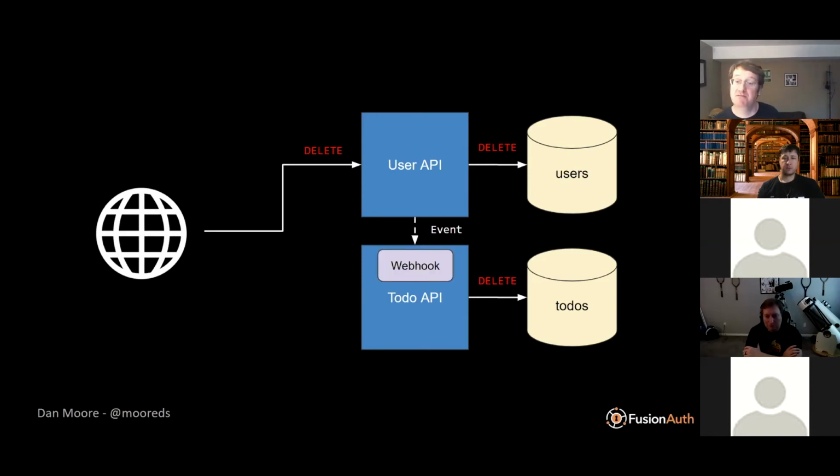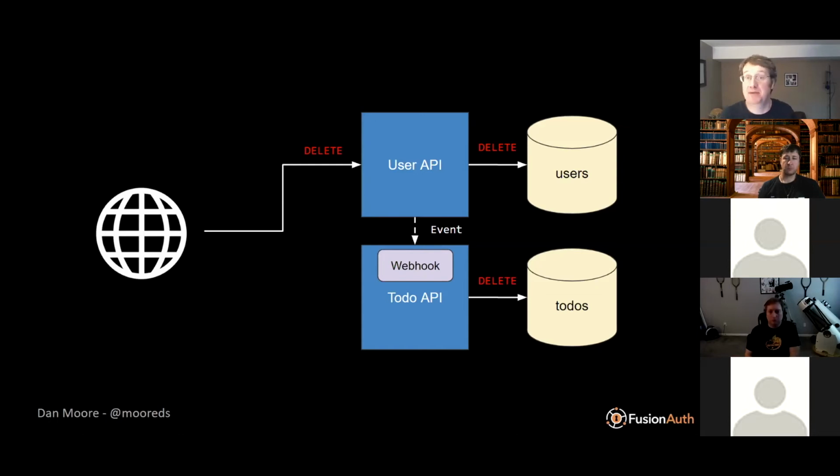An alternative is to have the server-side take care of it. In this case, when the to-do API is launching and integrating with this user data store, it registers a webhook endpoint with the user API, so it can listen for events that are useful to it.